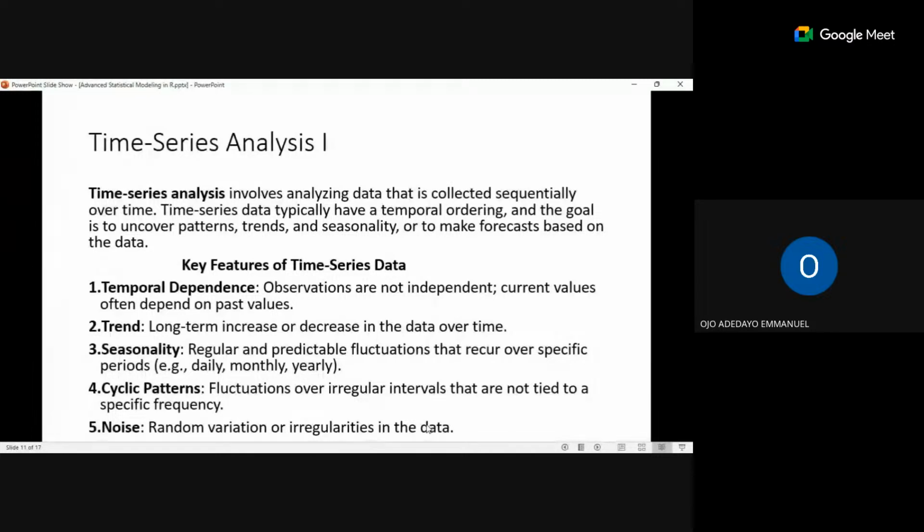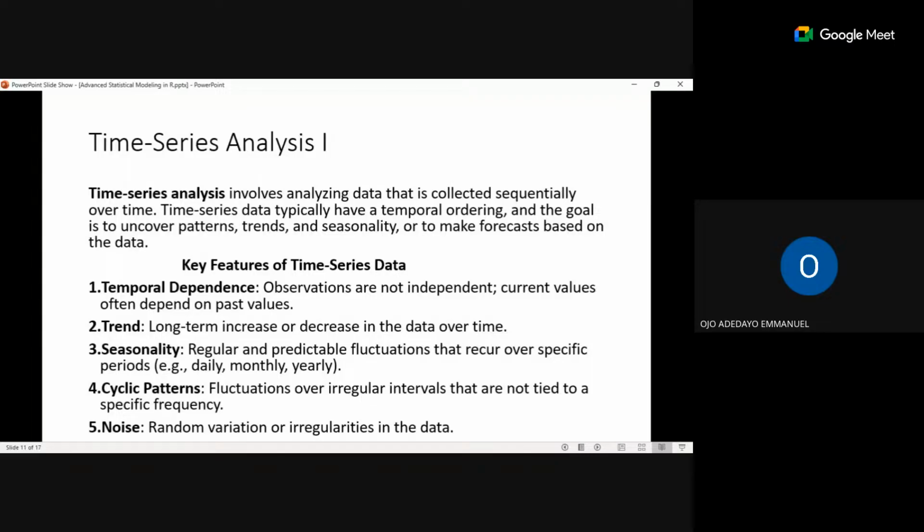Then we have what we call the cyclic pattern: fluctuation over irregular intervals that you cannot even predict. It goes up today, like the world of cryptocurrency, it comes down tomorrow. We want to model that.